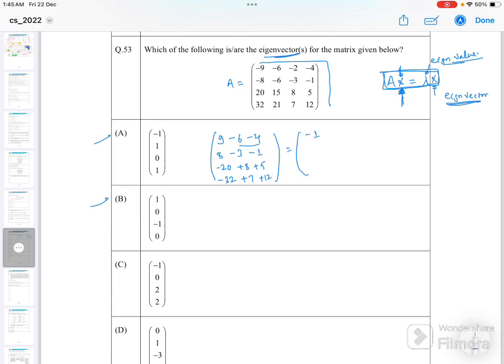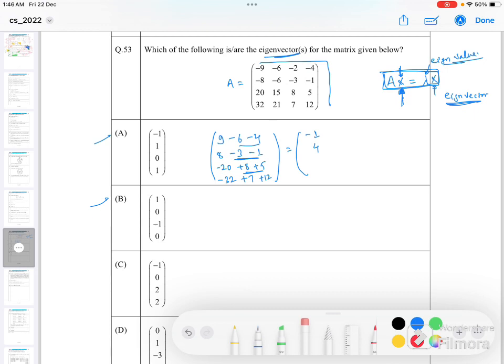So it will be -1 here, and here we will have minus 4, right? Okay, I have made a mistake. So we are not going to pick this one, right?